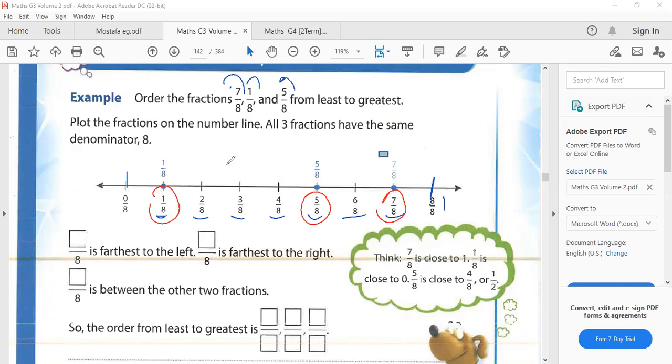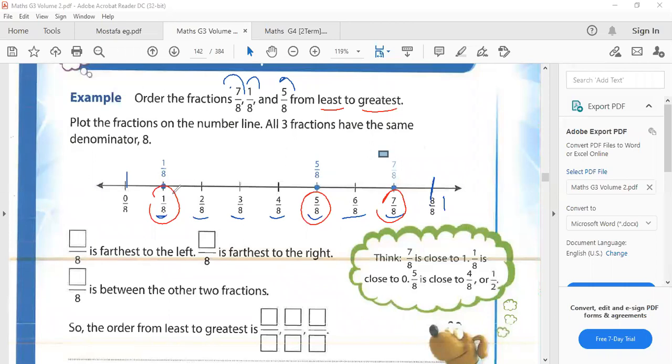We have three fractions. Which one are we gonna start from? Let's see what the question says. All three fractions have the same denominator. He said order the fractions from least to greatest.